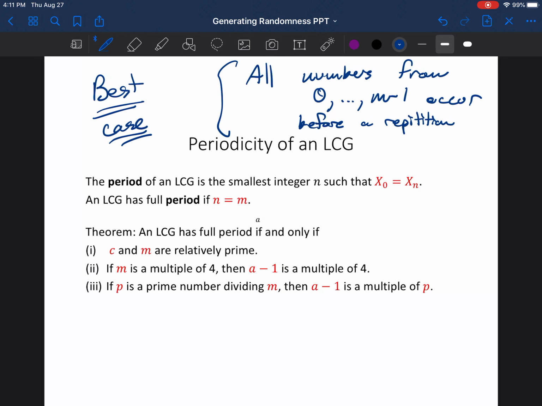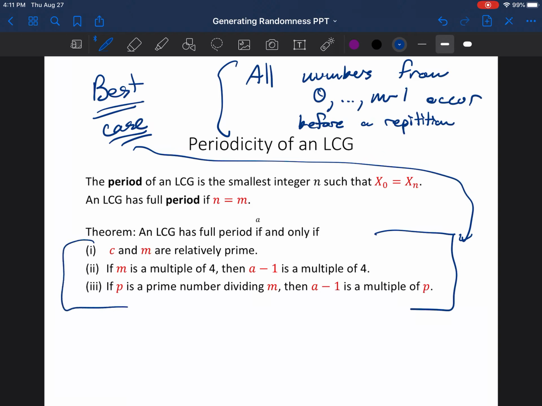So this best case occurs if and only if conditions 1, 2, and 3 occur. That is the very best case that can happen. And what are those three conditions? C and M have to be relatively prime, which means that the only thing that divides them both is 1.